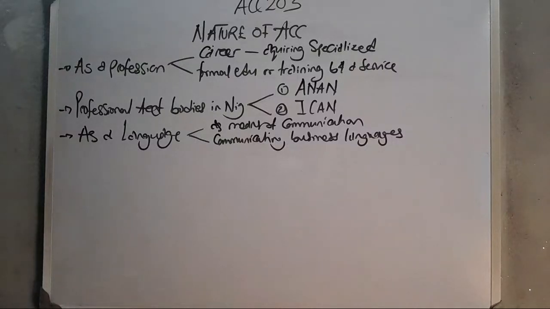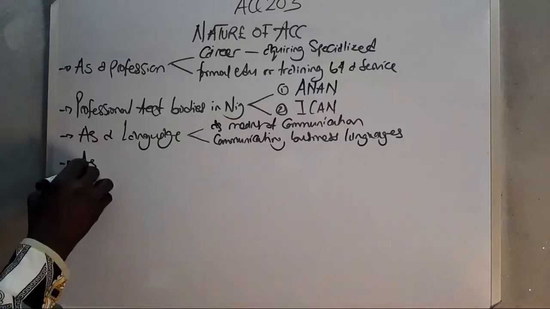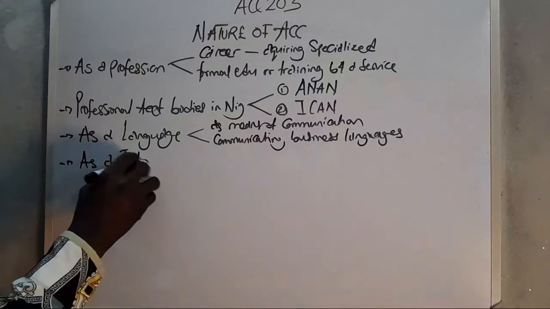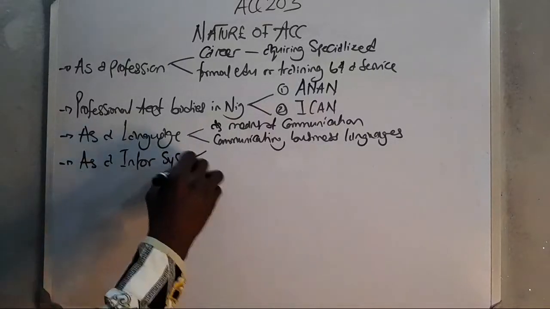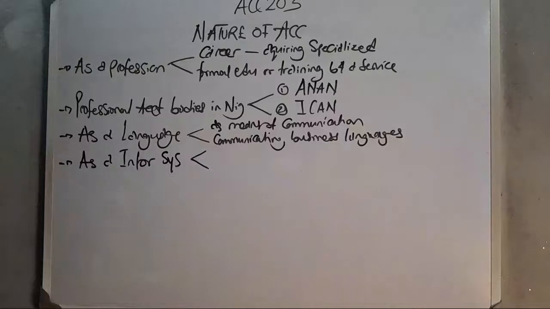So we also have accounting as an information system. As an information system, we are simply talking about acquisition of key business information.